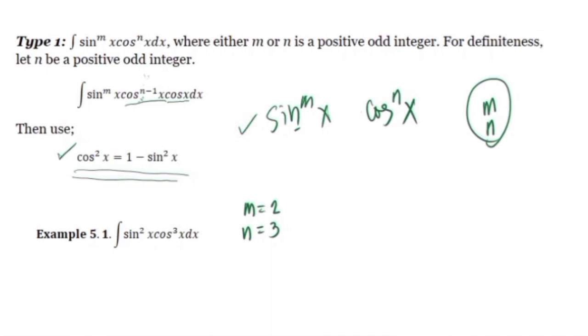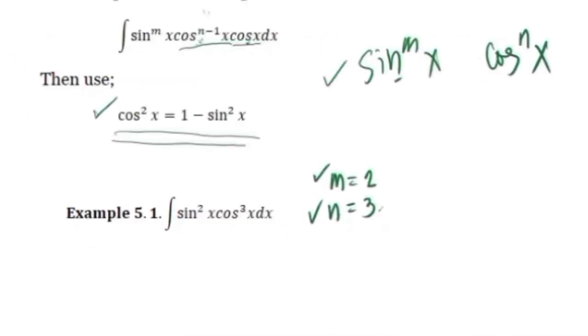So, we have here, our n is equal to 3. Kasi yung condition natin for the type 1, either the m or the n is a positive odd integer. So, either. So, ngayon, lumalabas dito that your n is equal to 3. So, this is a positive odd integer. Now, what you are going to do is to factor out one cosine from the odd. Kasi yung odd natin dito ay si cosine.